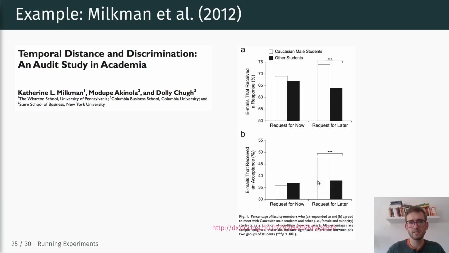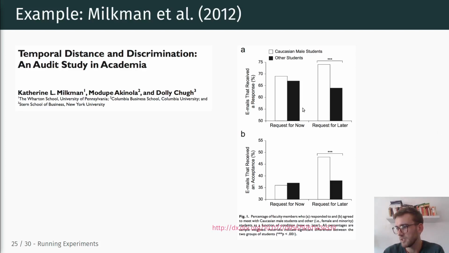Right? So here in this experiment, the researchers looked at students that emailed faculty requesting a meeting, and they compared different sociodemographic characteristics of the students, and they found evidence for this racial bias. But interestingly, and this also relates back to our question of heterogeneity, going beyond simple experiments and exploring heterogeneity in treatment effects, there is a temporal dimension to this racial discrimination.